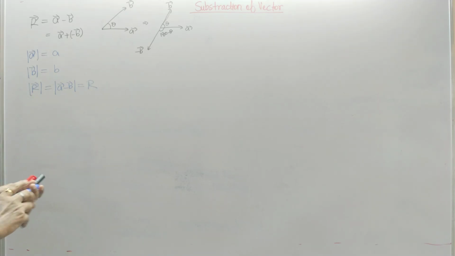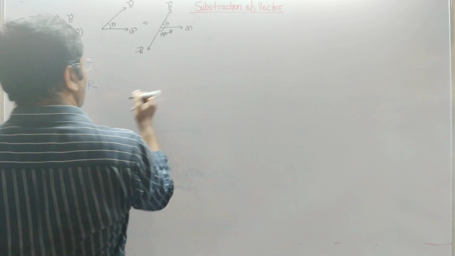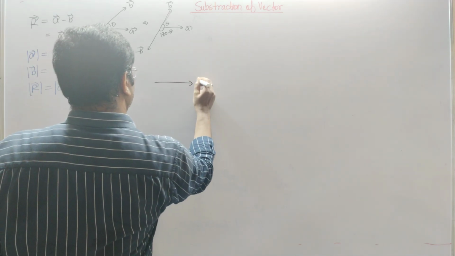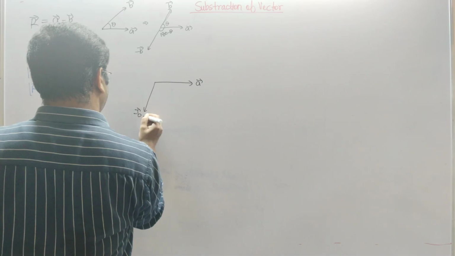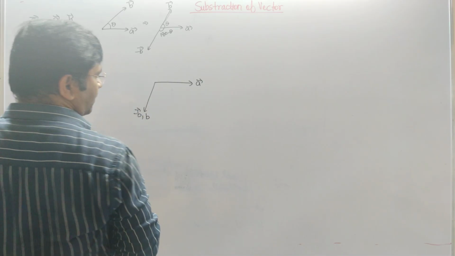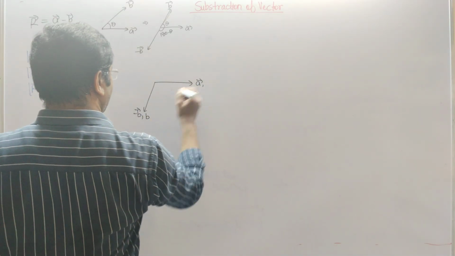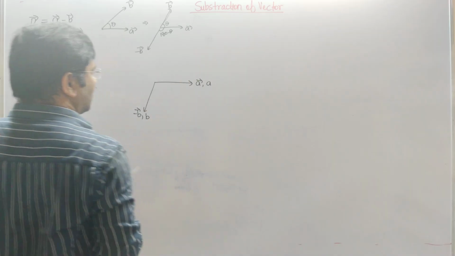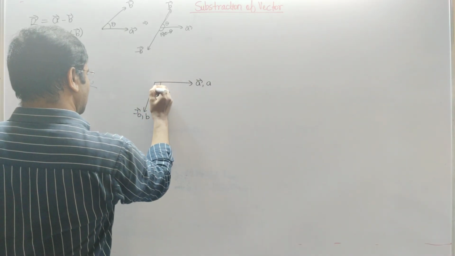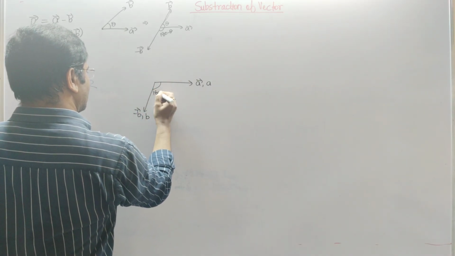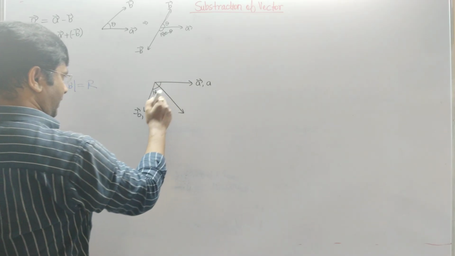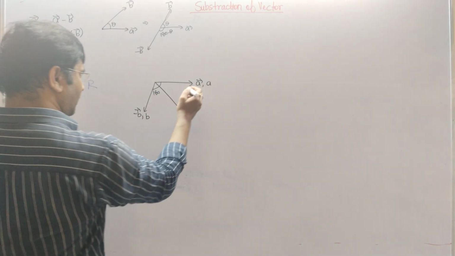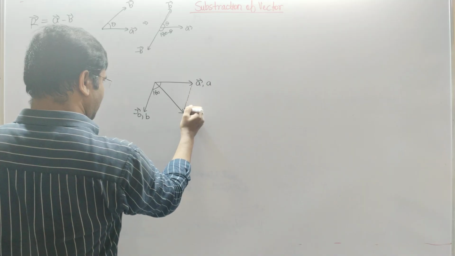Okay. So here I will take this as vector A. Now this is vector minus B. So what is the magnitude of this vector? Of course A, this is B, this is A. This angle is 180 minus theta. So the resultant will definitely pass in between vector A and vector minus B. So this will be the resultant.